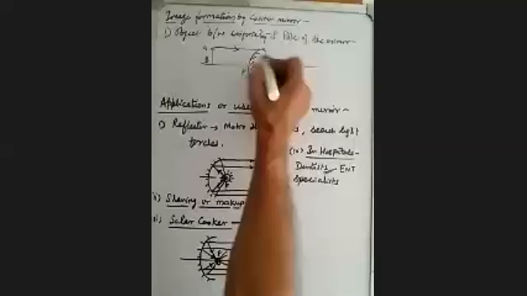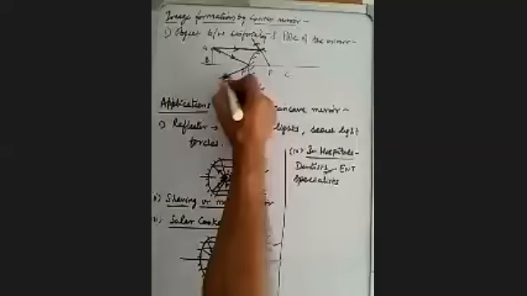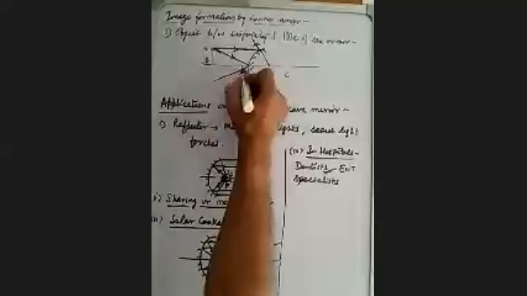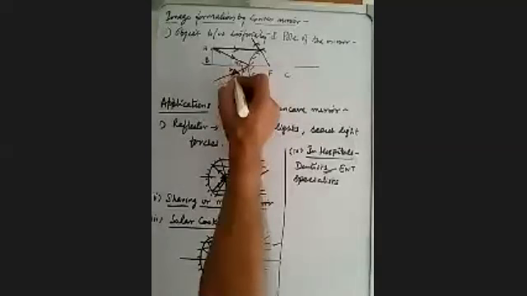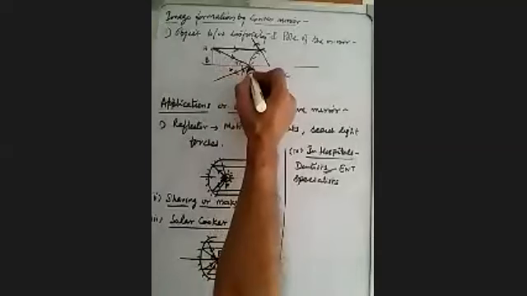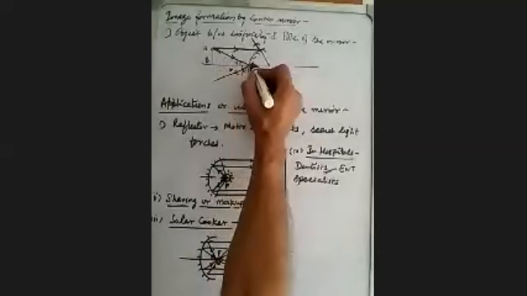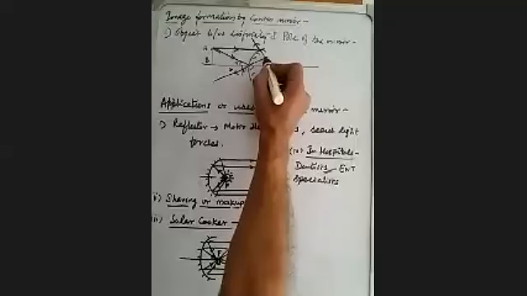Now another ray that is considered is incident at the pole at some angle. This is the incident ray, and it will be reflected making an equal angle. This is angle I, this is angle R, and when we extend the reflected ray backwards, it seems to be originating from a point.